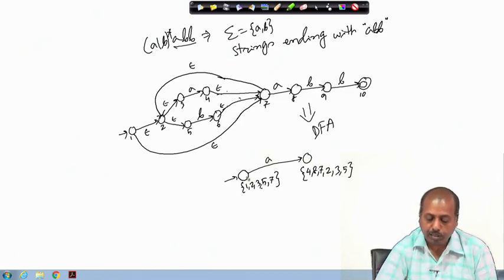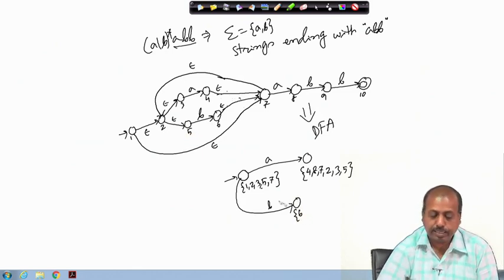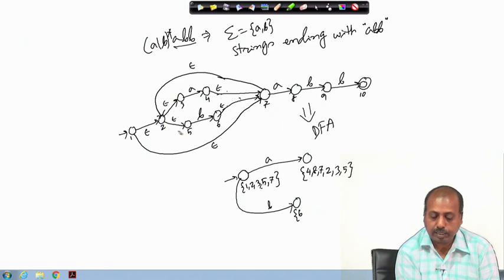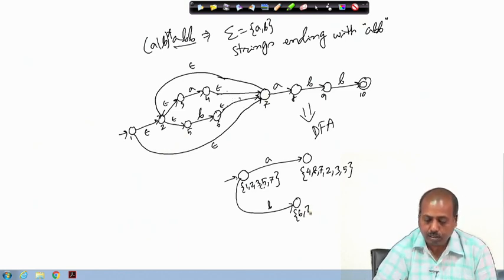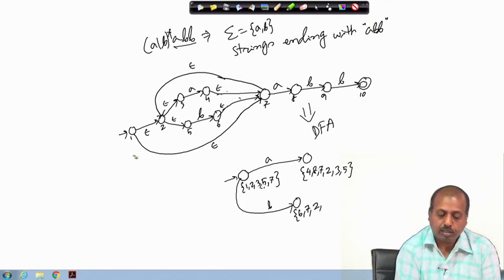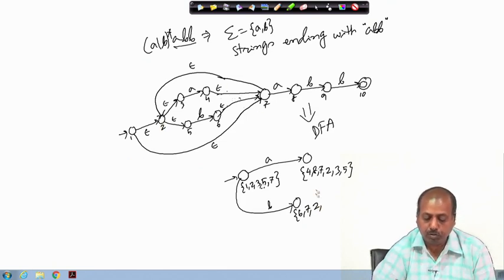Similarly, from this state on getting B, it will come to 6, because state 5 was there. So, from state 5 on B it will go to state 6, and from state 6 on epsilon transition you can go to 7, then 2, and then from 2 you can go to 3, 5.